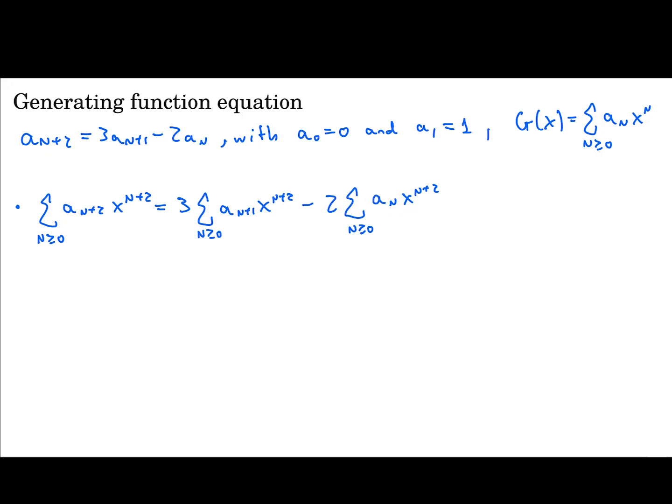Okay, so how can we do this? What are the issues here? We want to get this here somehow. For this first term, the issue is that we would like this to be a_n, right? But this summation is essentially starting at 2.